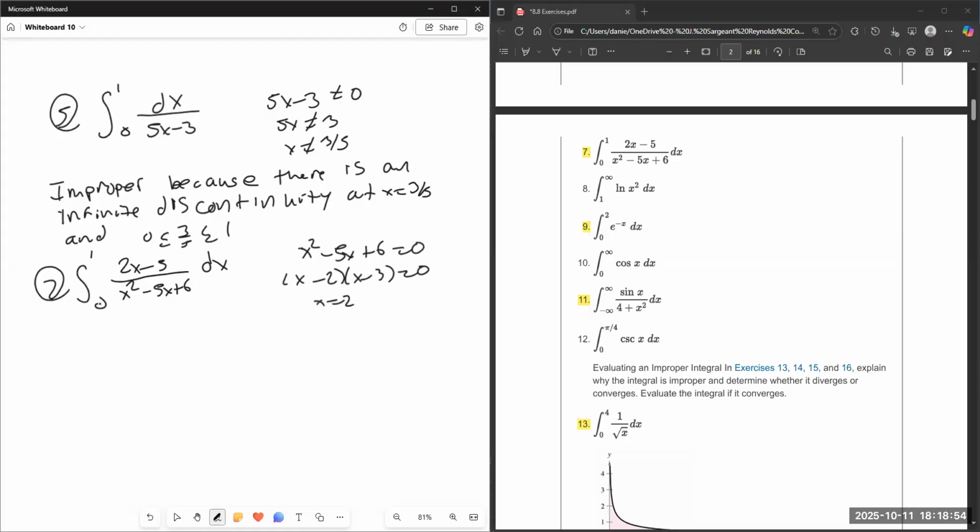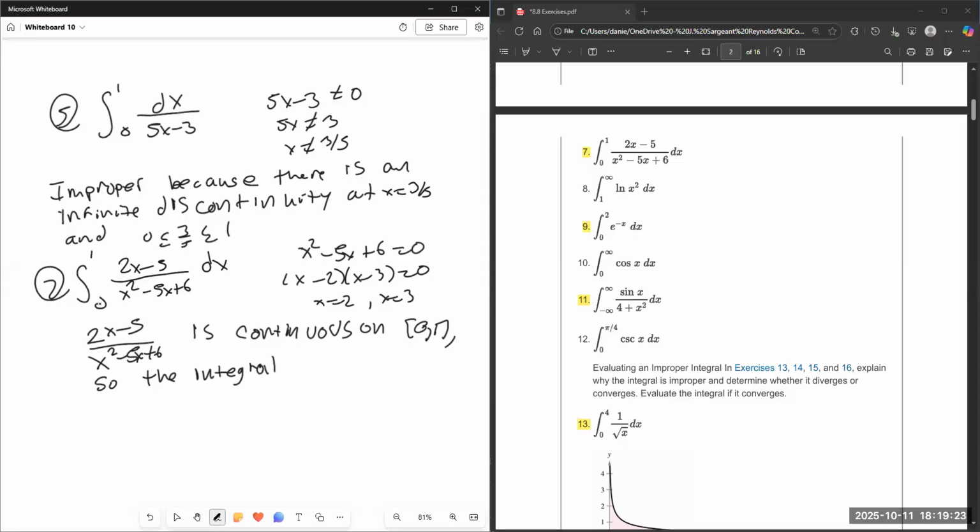So x equals 2 or x equals 3. 2 and 3 are not in the interval there, so 2x minus 5 over x squared minus 5x plus 6 is continuous on 0 to 1, so the integral is not improper. Since we haven't really defined proper, we've only defined improper.